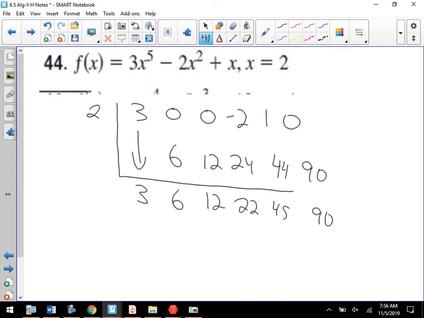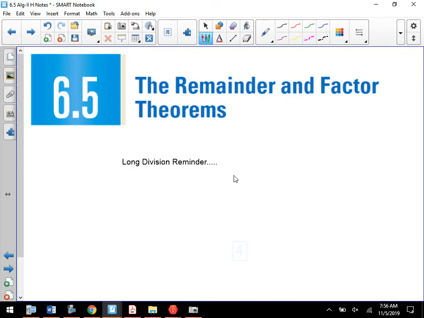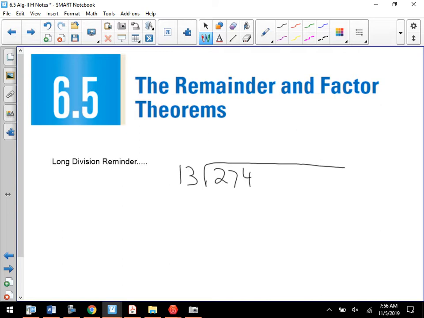Now, one of the things that you guys should remember is that if I take a value, let's say it's 13, I want to divide into a number. It's a beautiful number, and there's a lot going on, but the idea here is to remind you of what, in fact, you're doing.